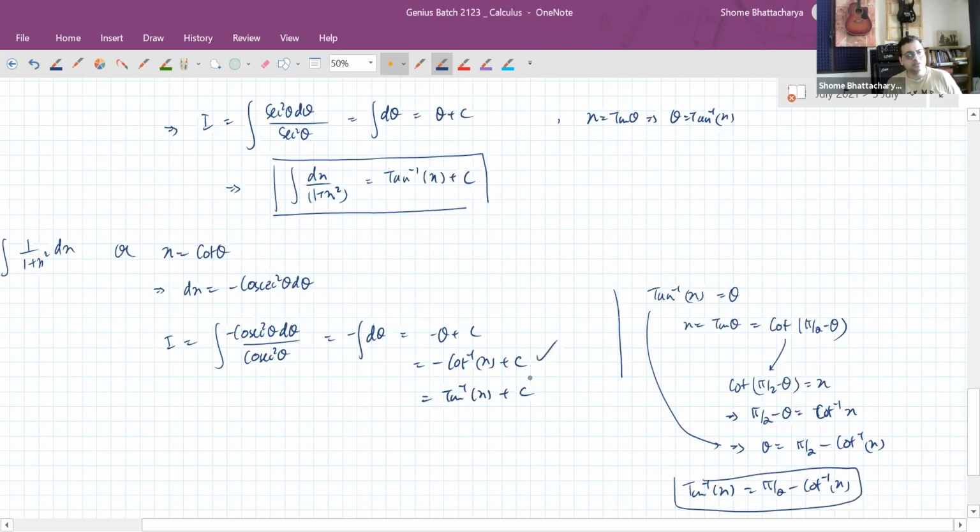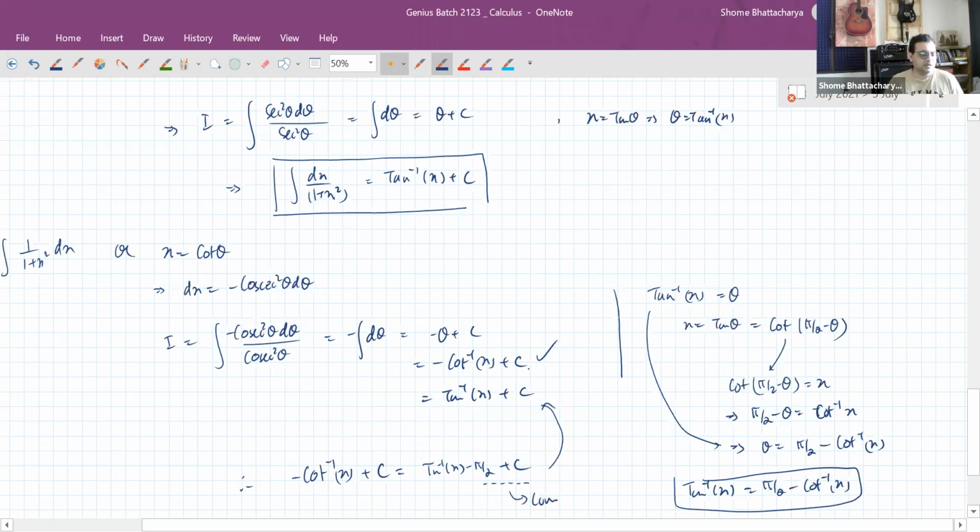So when we have got this term, now remember this is a generic constant. Okay. So therefore minus cot inverse x plus c can be written as tan inverse x minus pi by 2 plus c. Now this thing can be combined and written as one constant. So that's how it becomes this.